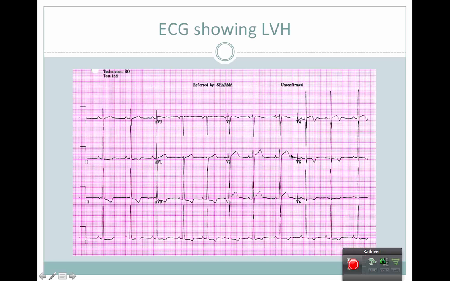An S in V5, which is greater than 27 millimeters. That's the S, okay? Or V6. Again, large QRS wave right here. QRS wave. S wave down. Okay?